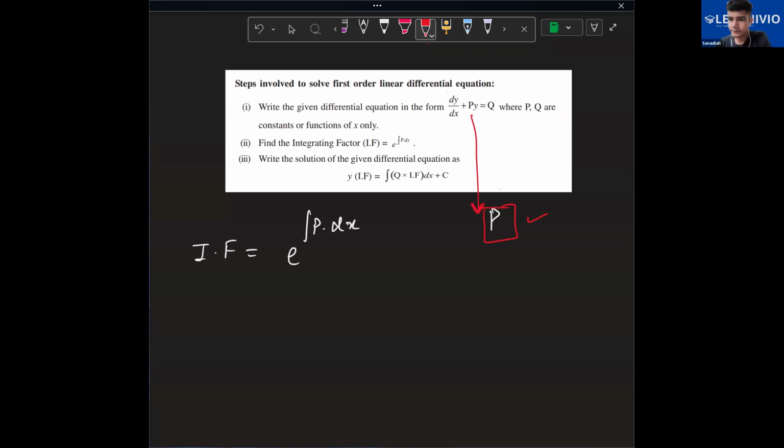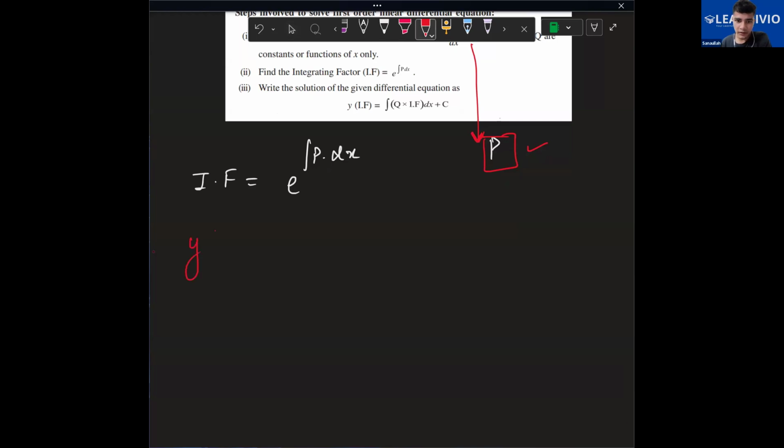Okay, so after this, you have to write the solution of the given differential equation as y into IF, where IF is your integrating factor, equals the integration of q into the integrating factor with respect to x, plus c.